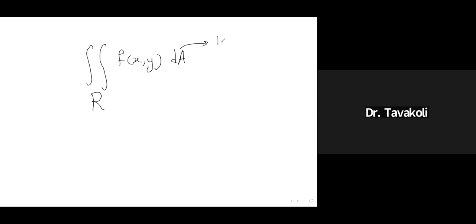When we used a rectangular system, it was dx dy, or depending on which integral is with respect to x, the inside integral or outside integral, sometimes we had dx dy, sometimes dy dx.